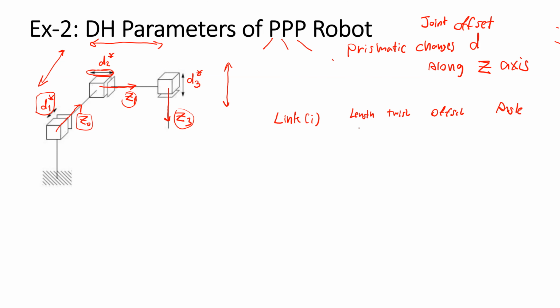The length L_i, the twist alpha_i, the offset d_i, the angle theta_i. And in this case, we have 3 prismatic joints. Of course, we have 3 movable links.